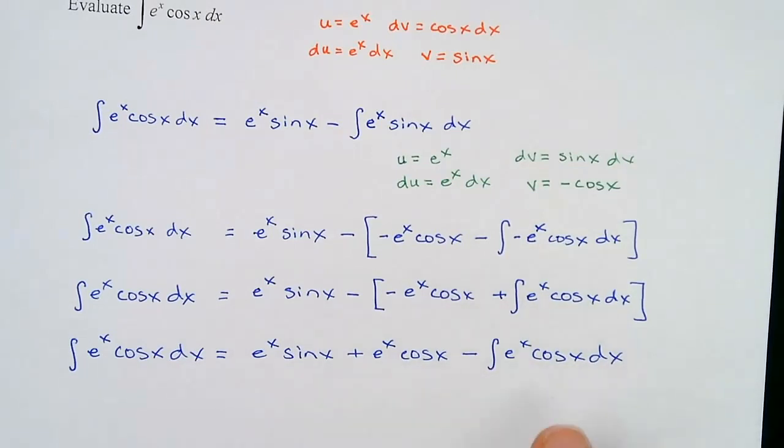So if you look, these are the same integrals. Here we have this one, and here we're subtracting it. Well, guess what? I can move this over to the other side. Because this is an equation, I can add e to the x cosine x dx to both sides.